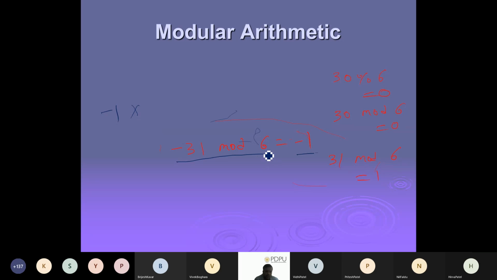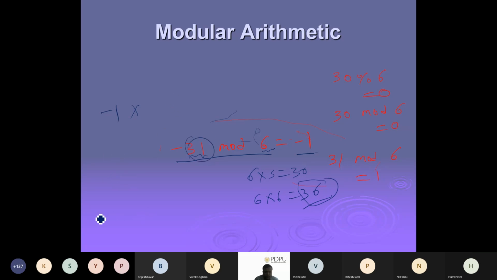Now I have to take a multiple of 6 that is crossing 31. If I take 6 into 5, it is 30. Next, 6 into 6 is 36, so 36 is crossing it. So now we take the difference between 36 and 31, which is 5.